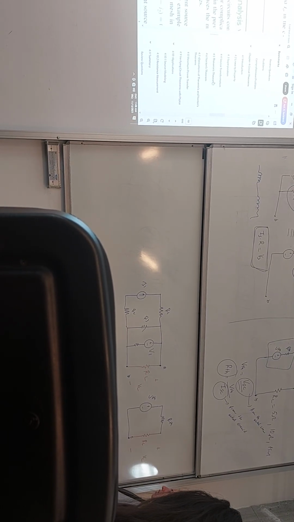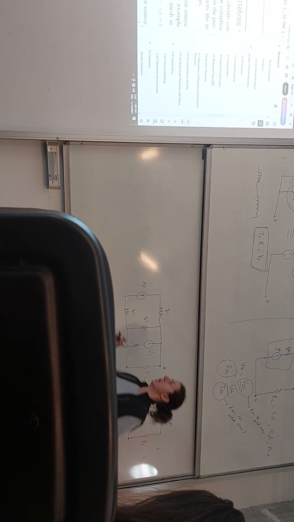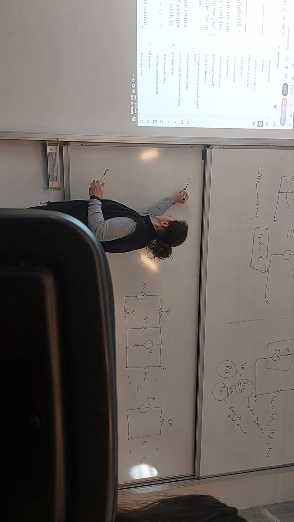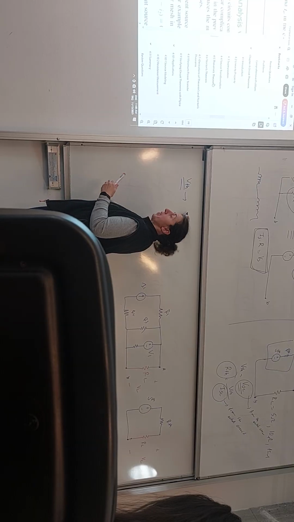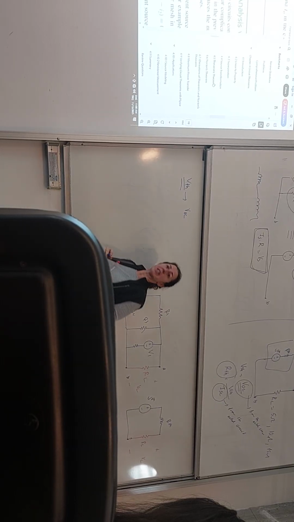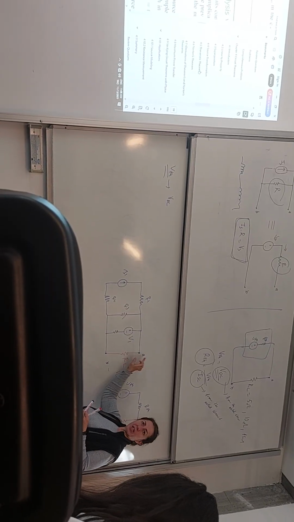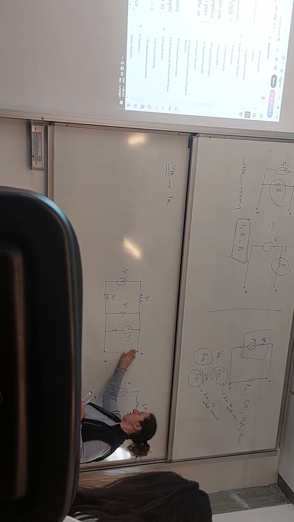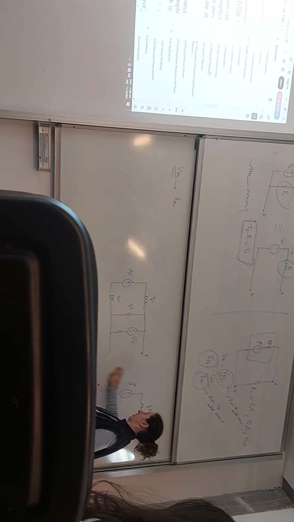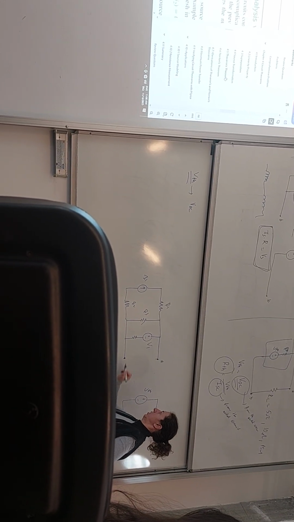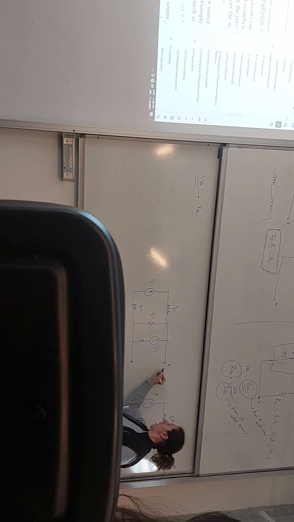The idea is, again, first I have to calculate the Thevenin potential, which means from the actual circuit, I have to calculate the open circuit potential. Open circuit means I'm interested in the potential between the points A and B, right? It is this.